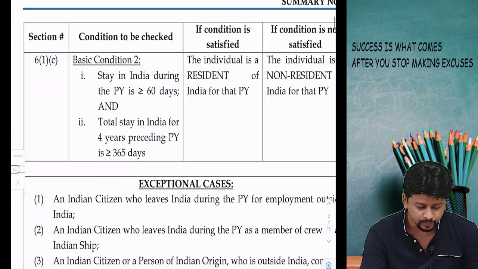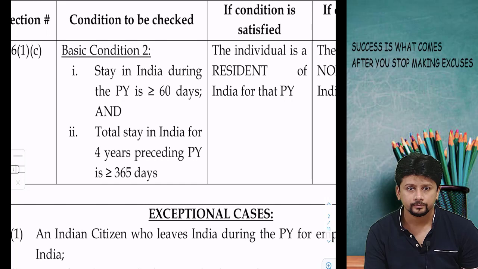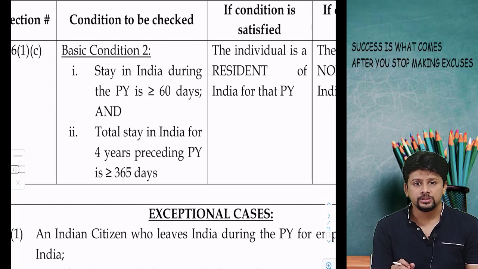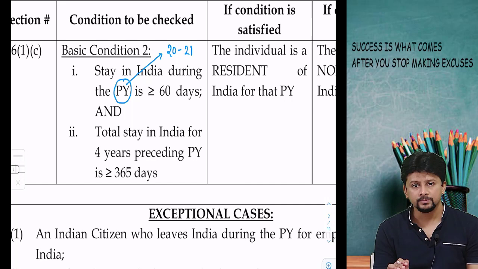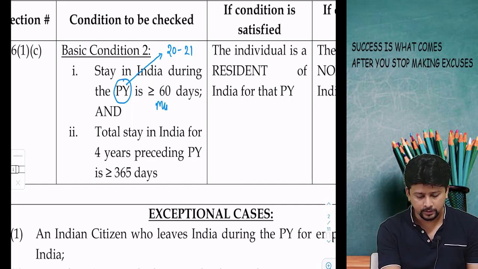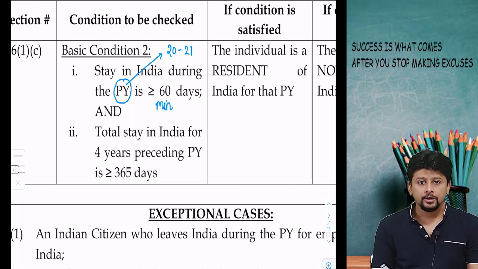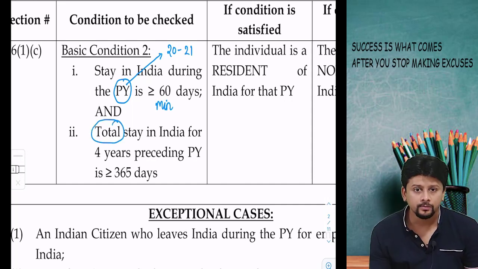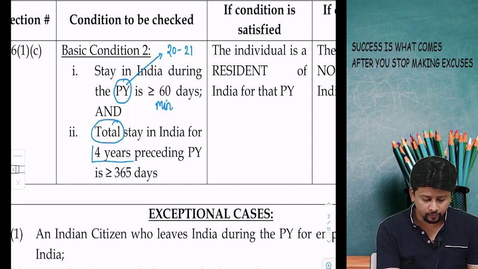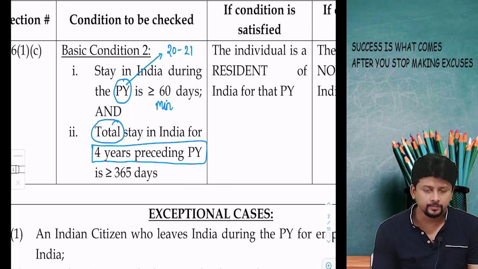Then you go to basic condition number 2. Basic condition number 2 is saying that your stay in India during the previous year, 2021, should be minimum 60 days, 60 or more, and your total stay, now this is to be taken on an aggregate basis, for 4 years preceding the previous year.